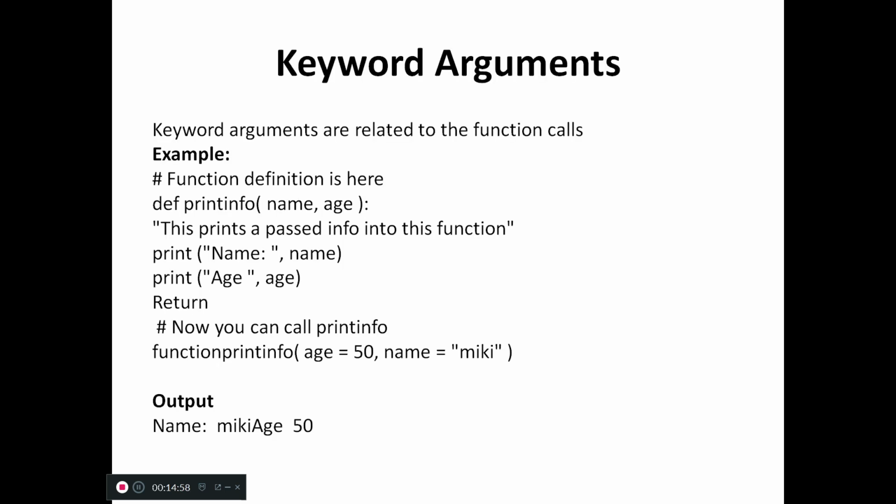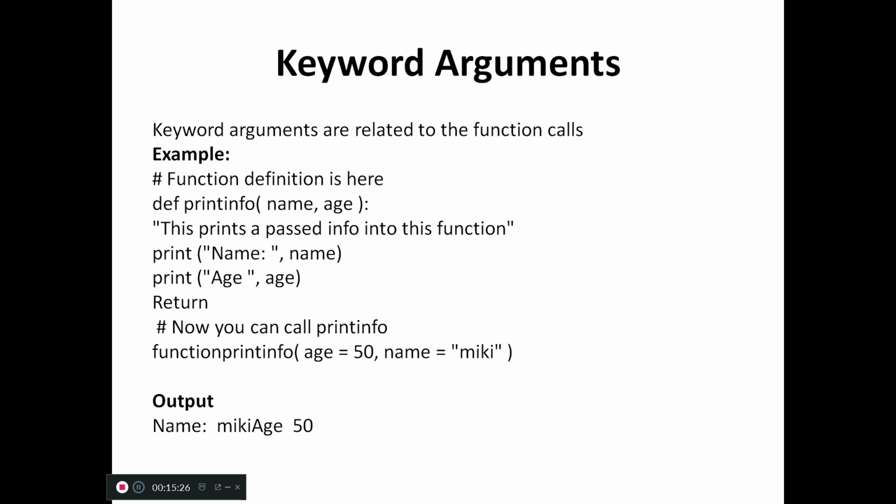Next, keyword arguments. Keyword arguments are related to the function calls. When you use keyword arguments in a function call, the caller identifies the arguments by the parameter name. This allows you to skip arguments or place them out of order because the Python interpreter is able to use the keywords provided to match the values with parameters.